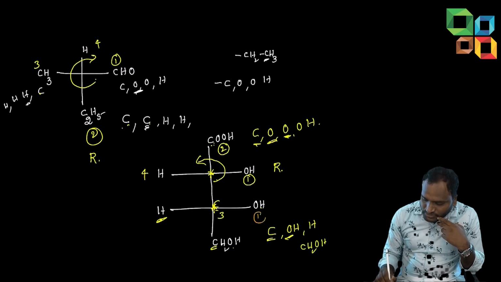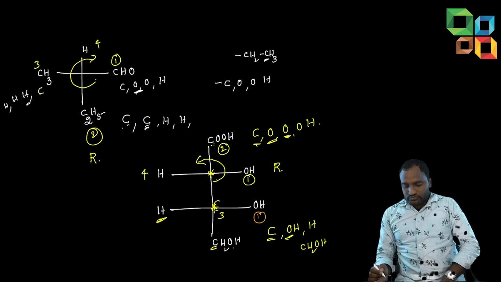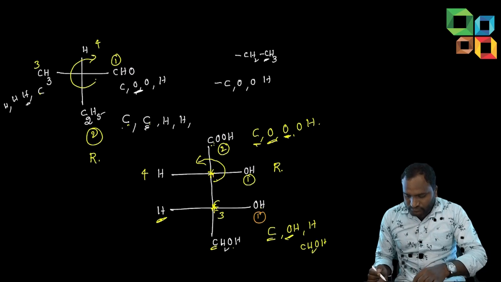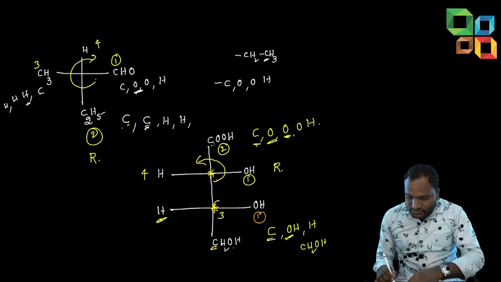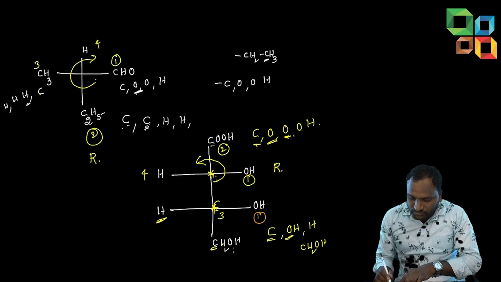For this, if you see, I'll change the color, students. This one will get first priority. Here carbon, here also carbon. Next group is here O, here O. Next group is here hydrogen, here carbon.